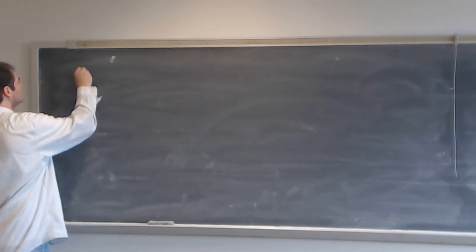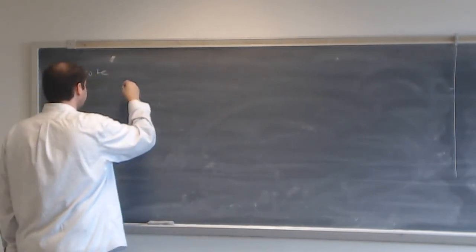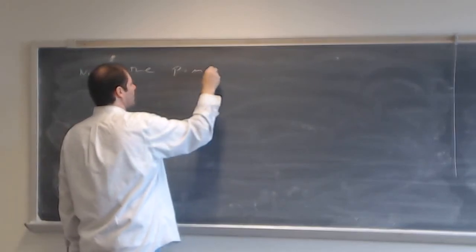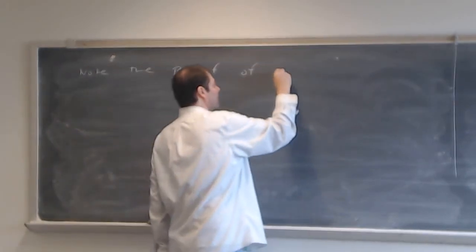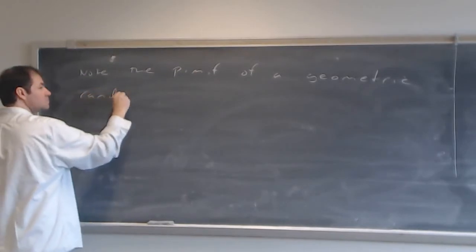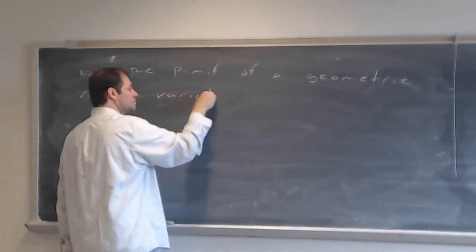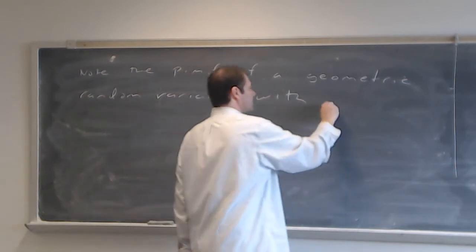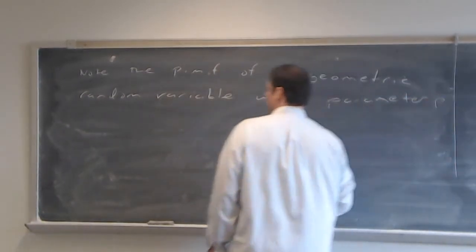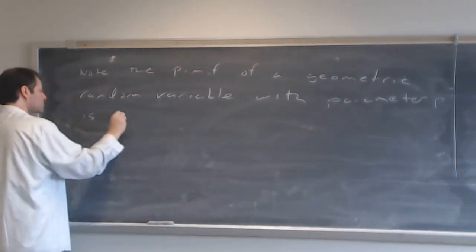Okay, note the PMF, probability mass function, of a geometric random variable with parameter p is f of x.